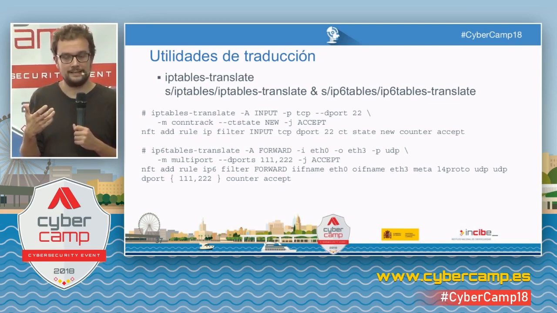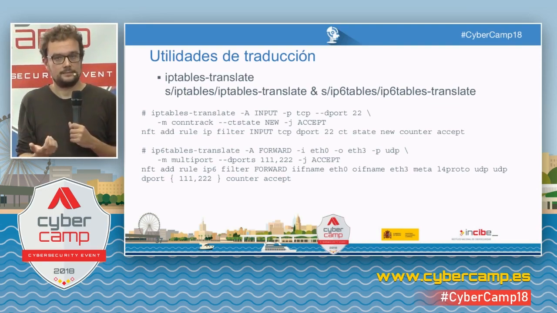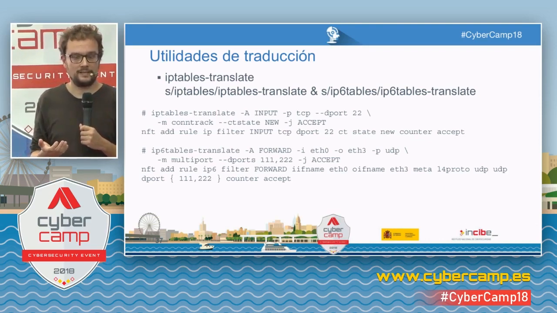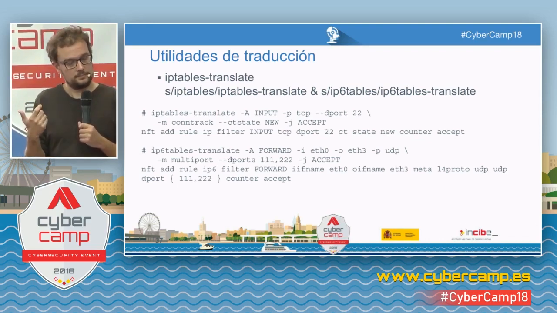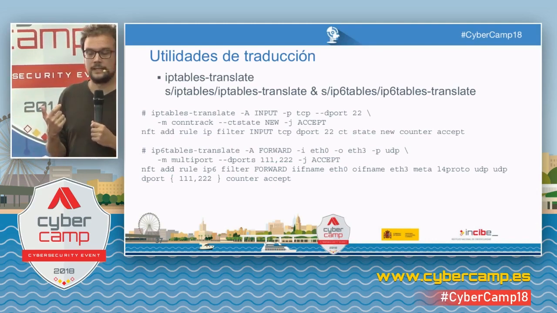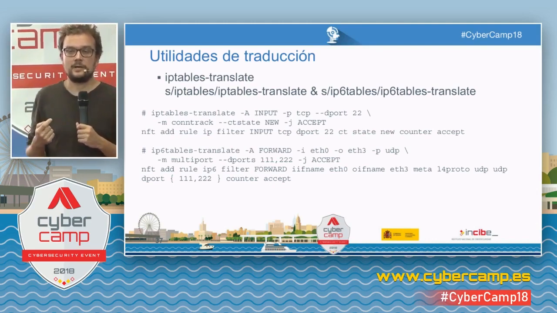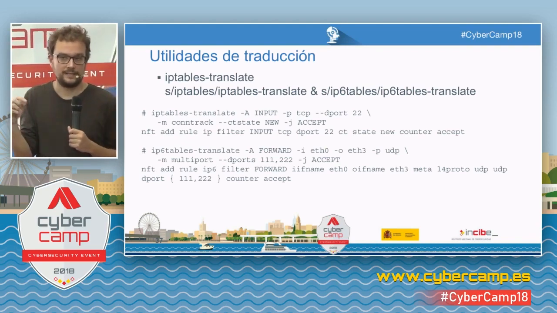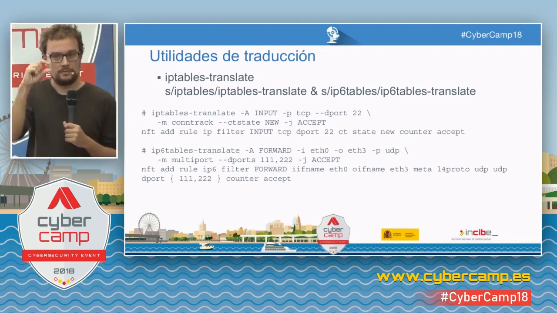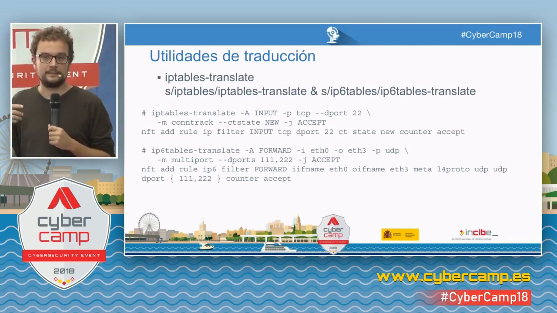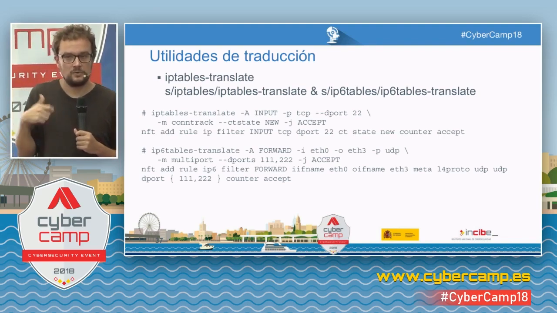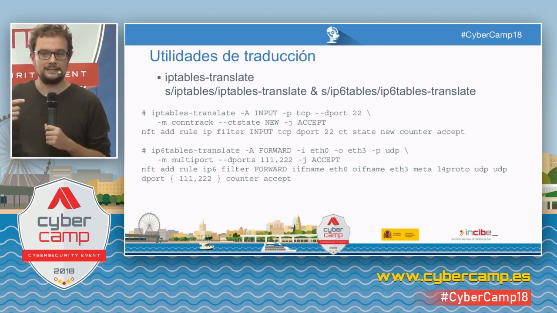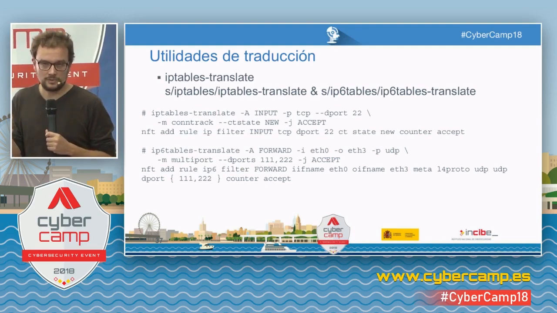And if all those rules can be translated natively, then the system will show which rules are translated. If anything doesn't work properly with the translation, please let us know. There are very, very few extensions that we don't give support to yet, but it will tell you, look, this extension I can't translate, so that you know what percentage of your firewall is not supported natively.